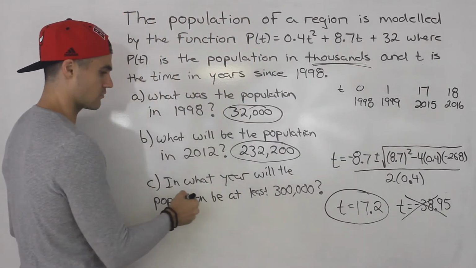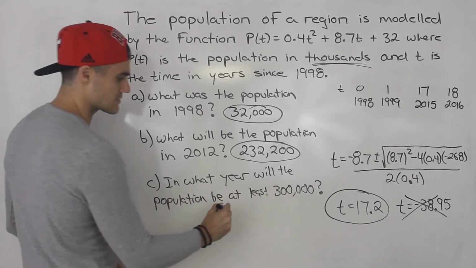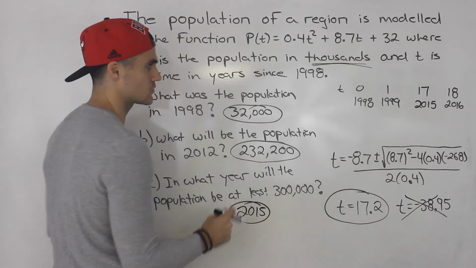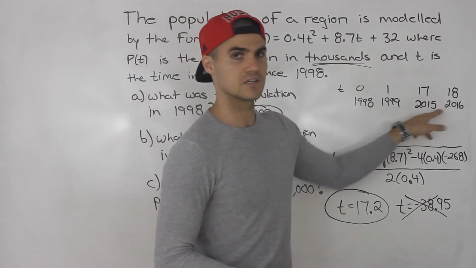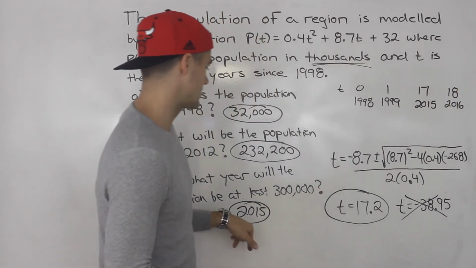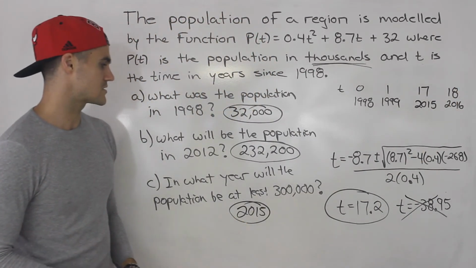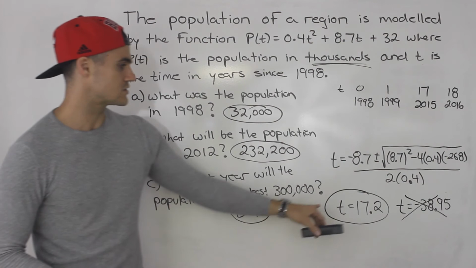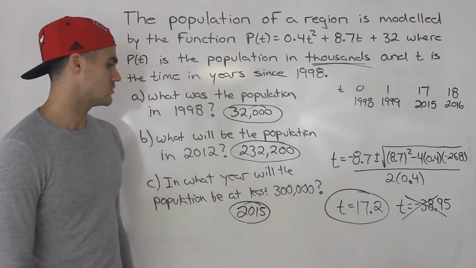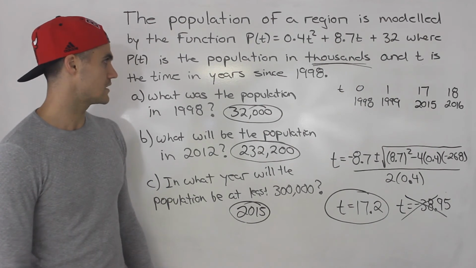So in what year will the population be at least 300,000? Answer is in 2015, somewhere in between 2015 and 2016, right? So that year 2015, that's when it's going to happen. So that is the answer. So you take your t value, add it to 1998, and you get 2015.